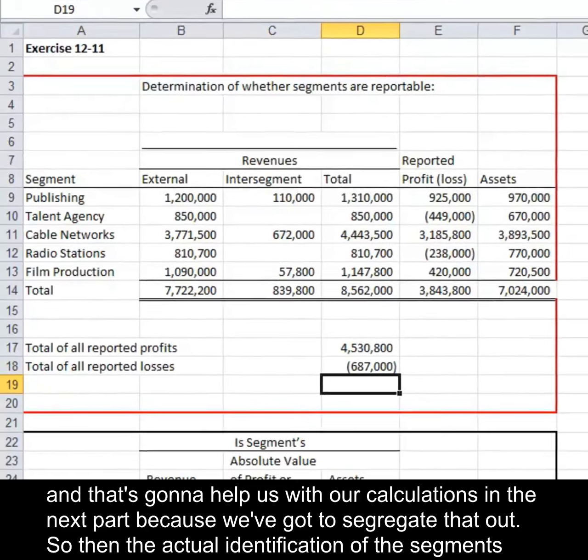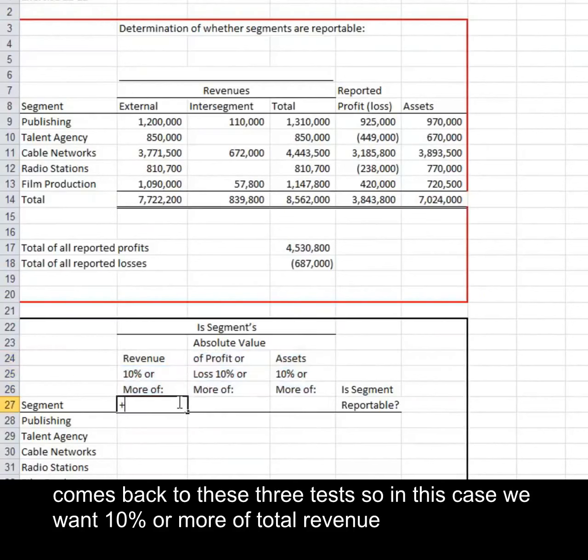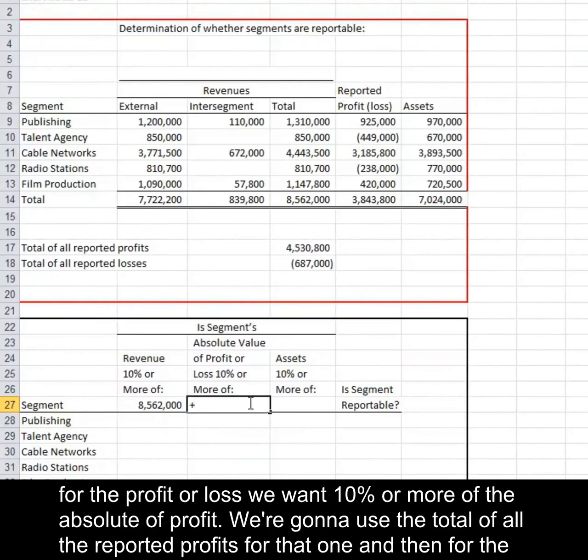So then the actual identification of the segments comes back to these three tests. In this case we want 10% or more of total revenue. For the profit or loss we want 10% or more of the absolute of profit. We're going to use the total of all the reported profits for that one.